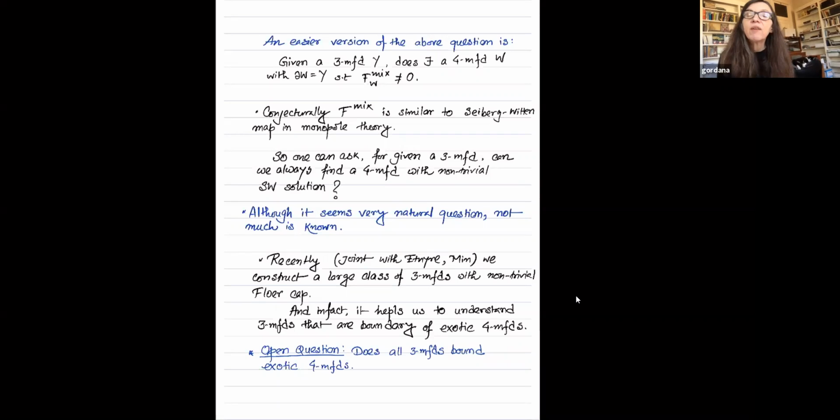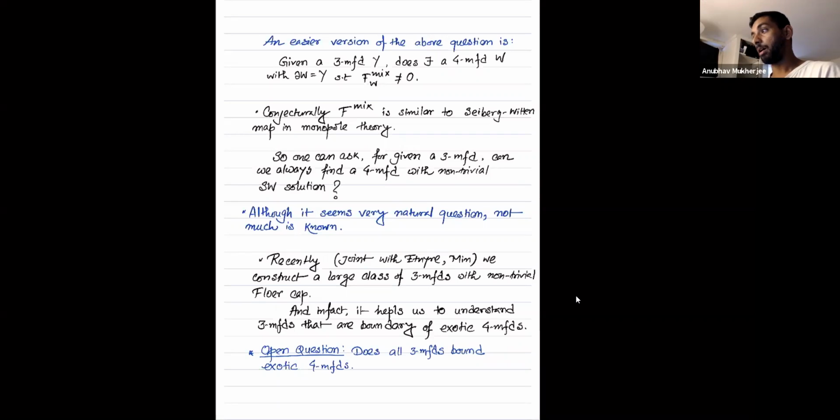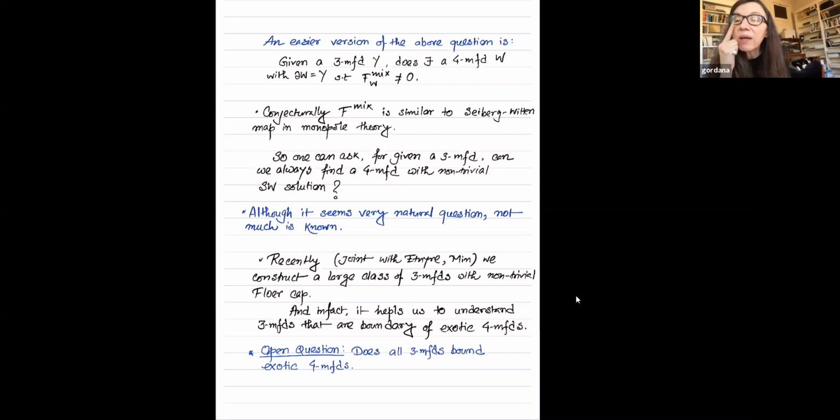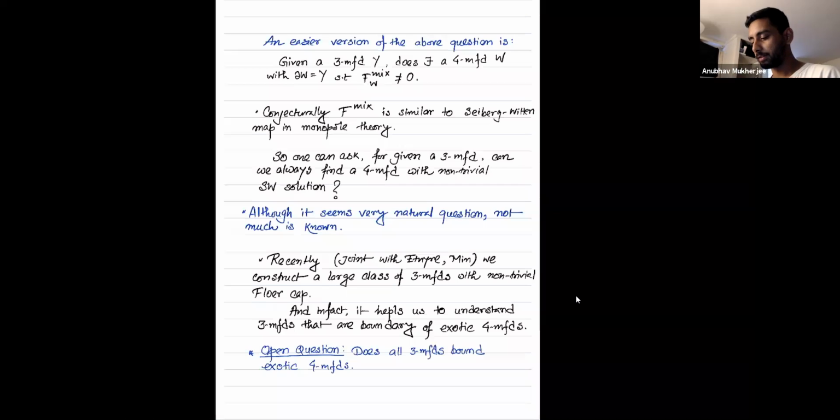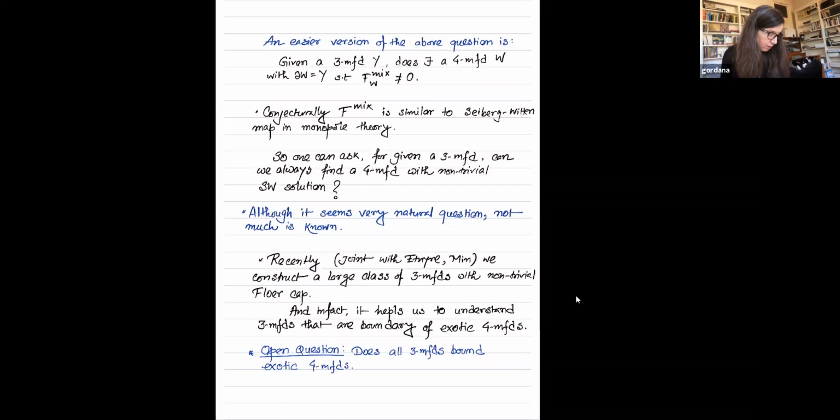So if you have a tight contact structure? No, we don't know. That's the thing we have been thinking about. Can you repeat? He said non-trivial contact invariant. Okay, I didn't hear that part. Yes, non-trivial contact invariant.